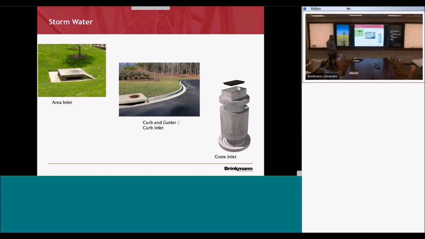There are cost differences between those. But you want to make sure that they don't have an area inlet where there should be a grate inlet. Believe it or not, your sub's probably not going to catch that because he's not looking at the asphalt paving, he's looking at his site utilities. So, hey, why am I putting an area inlet in the middle of a parking stall?